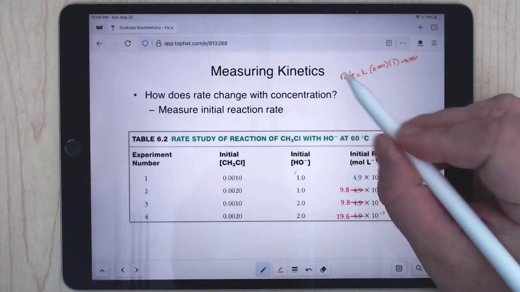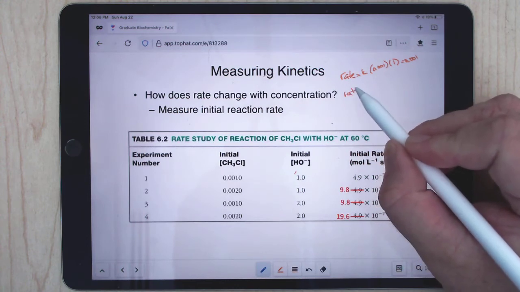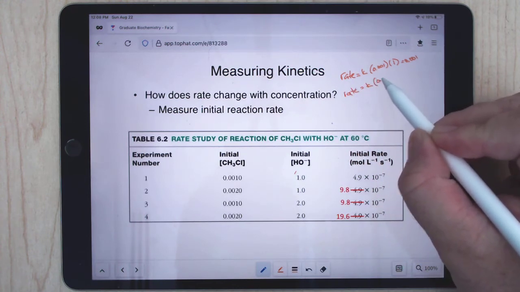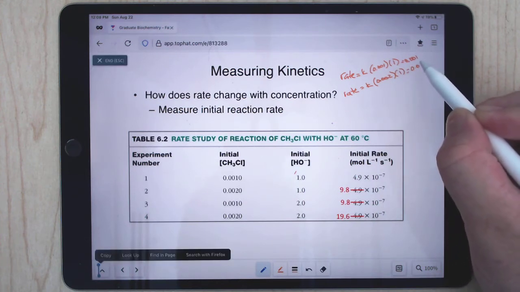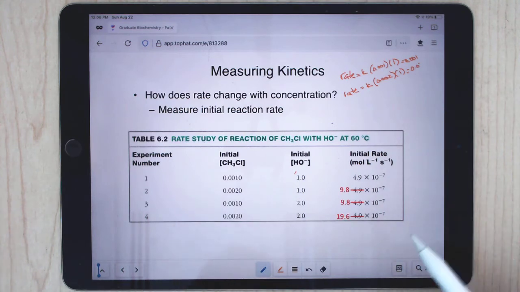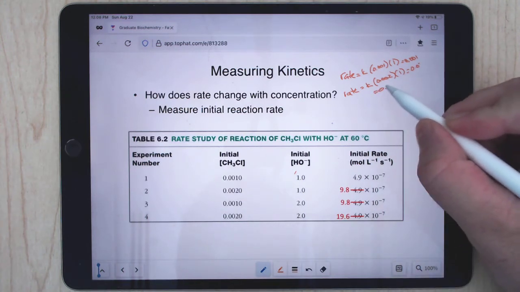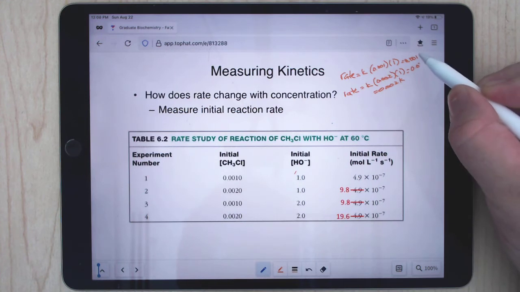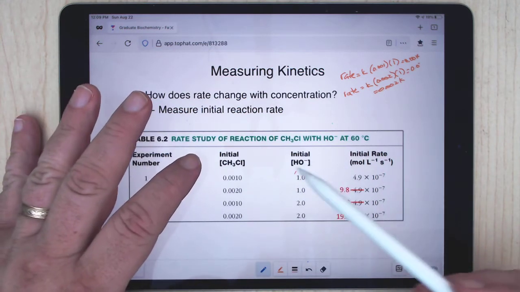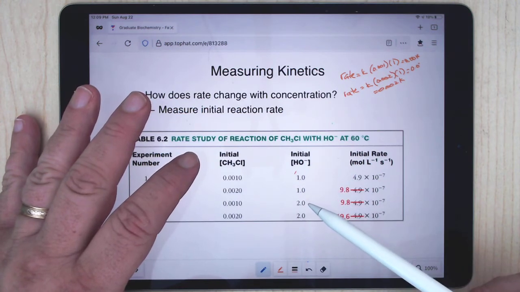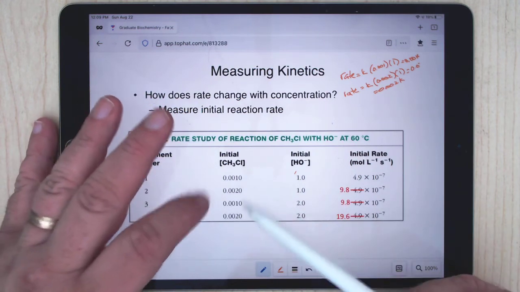If instead you double this concentration, it's going to be 0.002, so it's going to equal 0.002k. You're doubling the rate, because you're twice as likely for them to smash together. If instead you doubled the nucleophile, you would also double the rate if you held the first one constant.